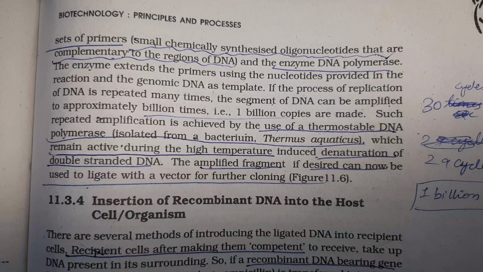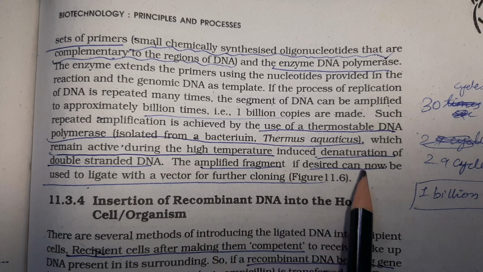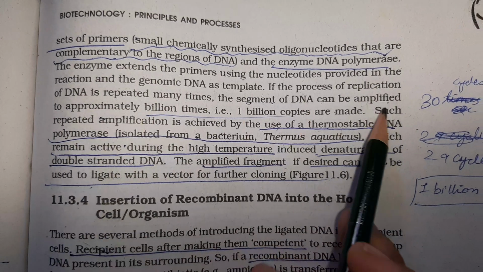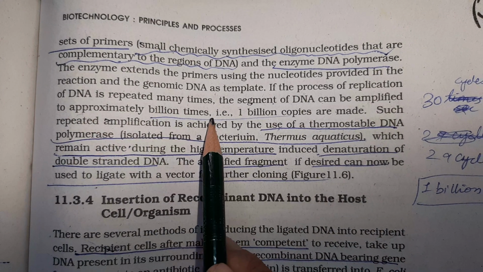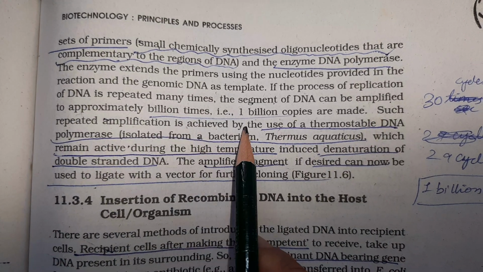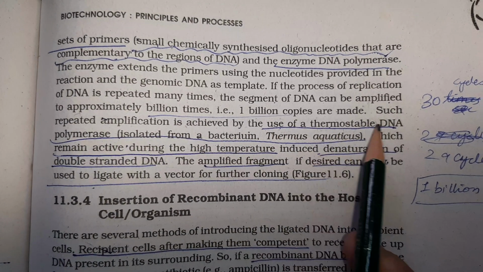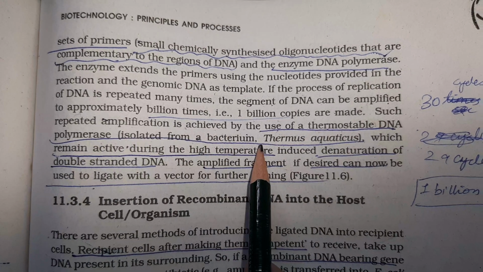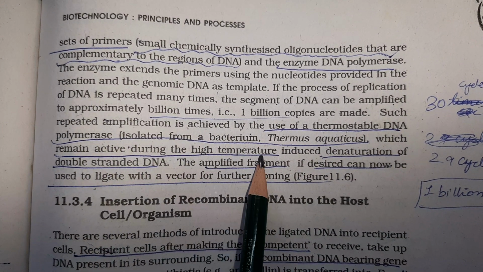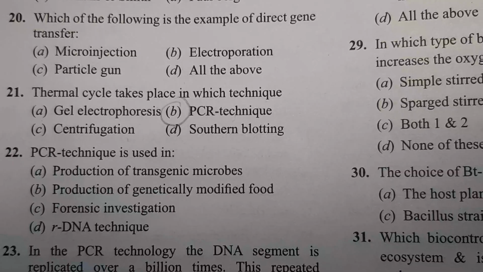If you look at page 203, we have, the segment of DNA can be amplified approximately a billion times, that is 1 billion copies are made. Such repeated amplification is achieved by the use of thermostable DNA polymerase isolated from a bacterium Thermus aquaticus, which remains active during high temperature. So the answer for this question, thermal cycle takes place in which technique, is PCR technique.